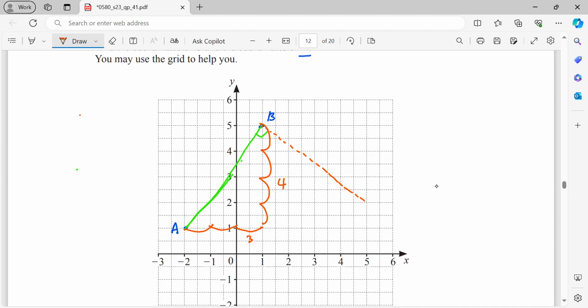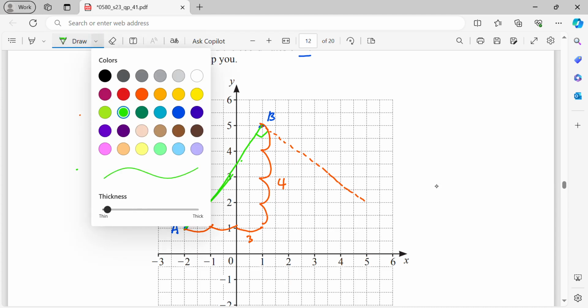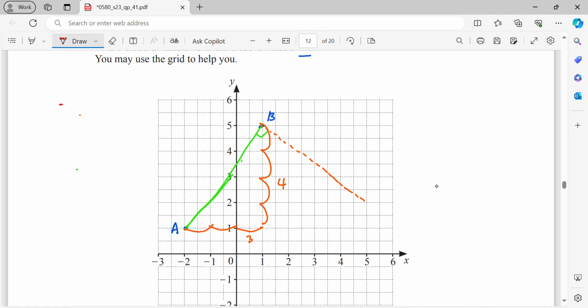So for B to C, it should be 4 units. So 1, 2, 3, 4. 4 units to the right. And then 3 units down. 1, 2, 3.